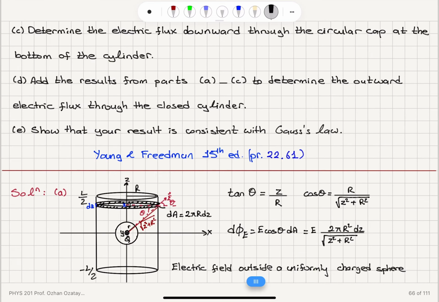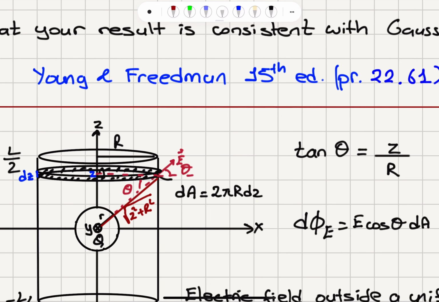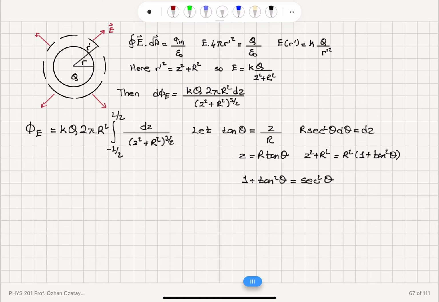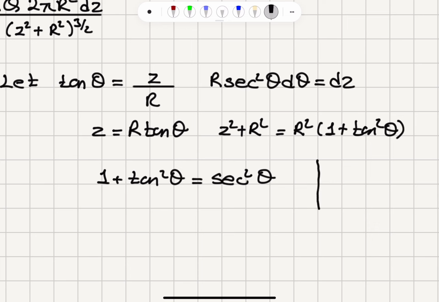So this is all the information I gather from this triangle here. Tangent theta is z over R, and I'm using this substitution to solve this integral. If I take this triangle, just to be clear, I have this angle theta. This is a right triangle. This is z, this is R, and this is the square root of z square plus capital R square. So that all comes from this triangle.